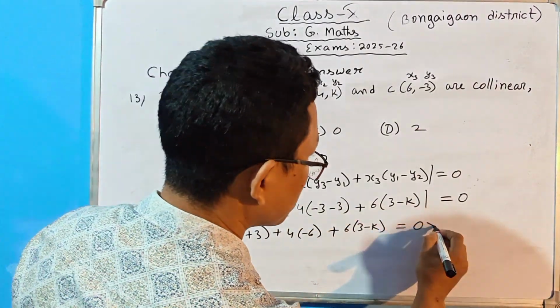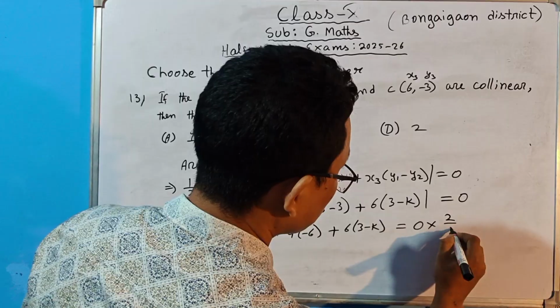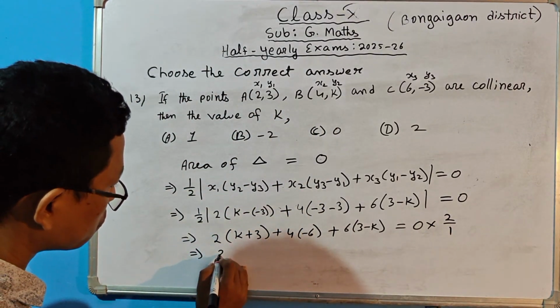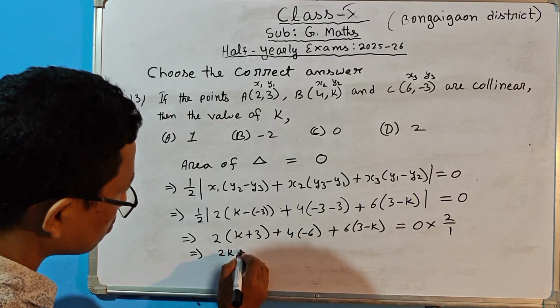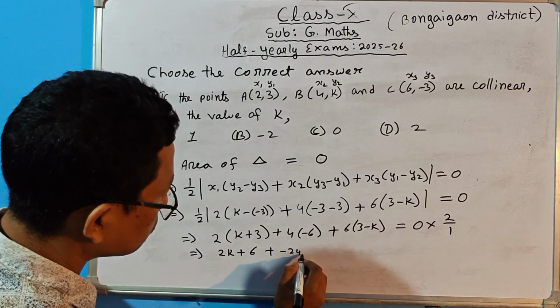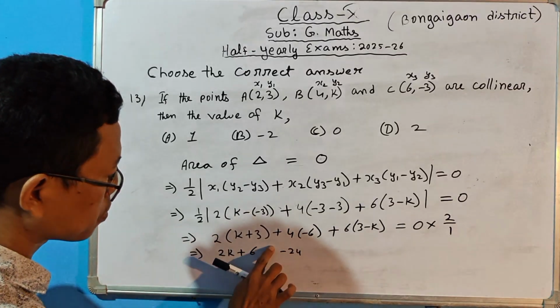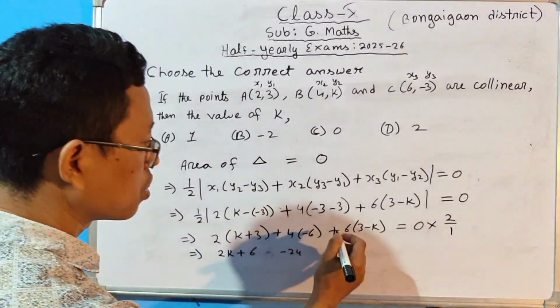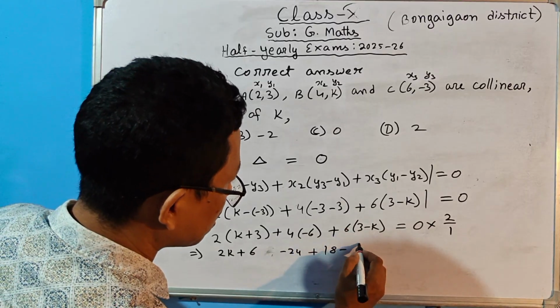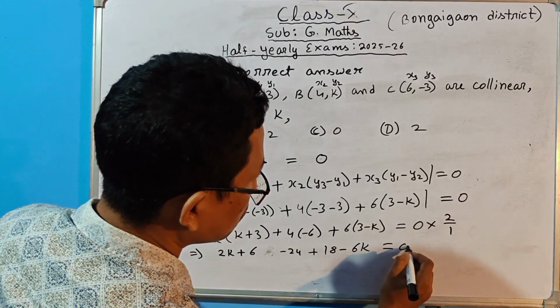Now we write 2 by 1. On solving this we get 2k plus 6, 4 sixes are minus 24. We clean here. So plus 6 threes are 18 minus 6k equals to 0.